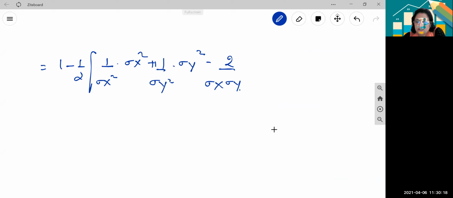Now what is the value of r? r is equal to covariance between x and y upon sigma x into sigma y.